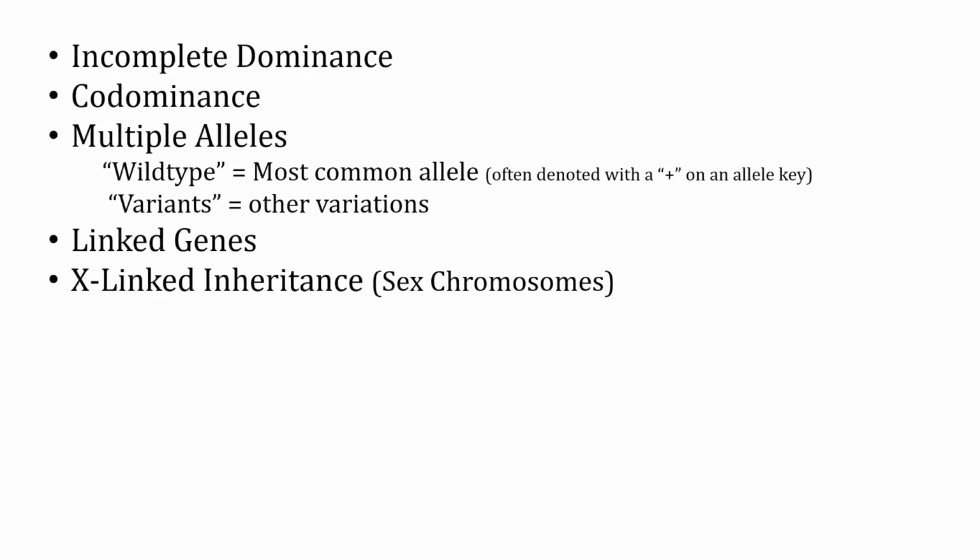We talked a little bit about this already, but when we're talking about X-linked traits, it's a little bit different because men only have one X chromosome, an X and a Y, and women have two X chromosomes, two X's.